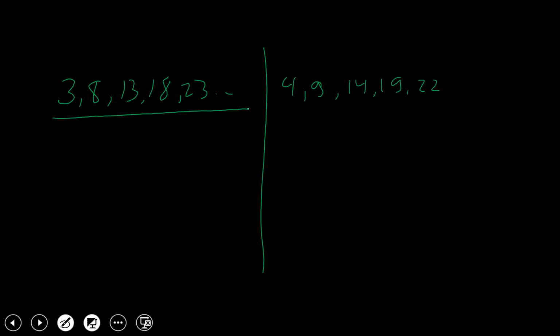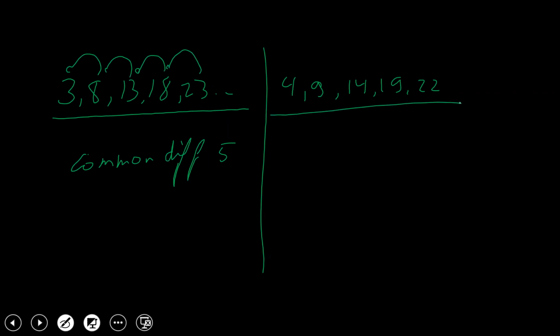Yes. Why? Because always we have the same difference, which we call a common difference. What is the common difference of this sequence? 5. Subtract any two consecutive terms, we will get 5. However, in the second one, when we subtract 22 minus 19, it's 3, which is not equal to 19 minus 14.